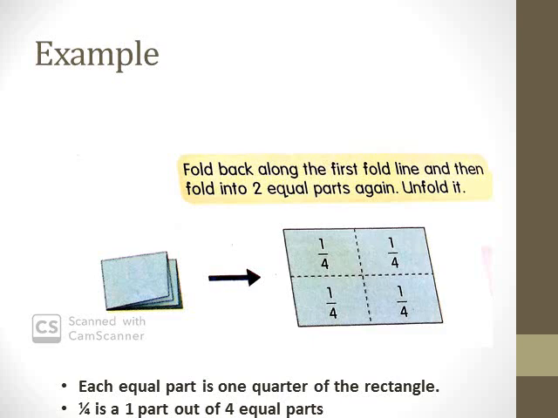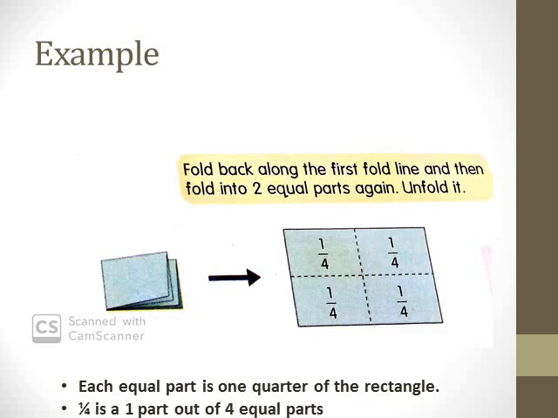Now we can take another example, the same example. Fold the same rectangle along the first fold line, and then fold into two equal parts again and unfold it. So you will find two symmetric lines, and these lines are dividing the rectangle into four equal parts, and each equal part now is 1/4 of the rectangle.